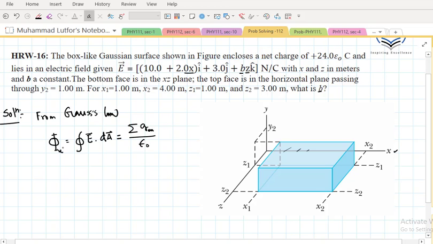I should also write that this is the net electric flux. This is Gauss's law, and we're going to use it to find this parameter b.